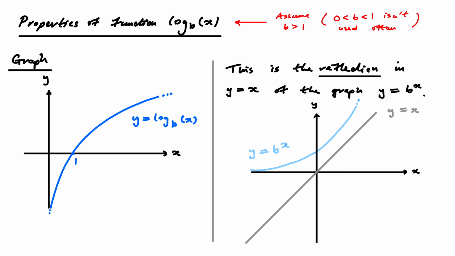Well, the reflection is the reflection across this, so that's the reason it looks like this. So we're reflecting across this. That's what's happening here. Very nice.